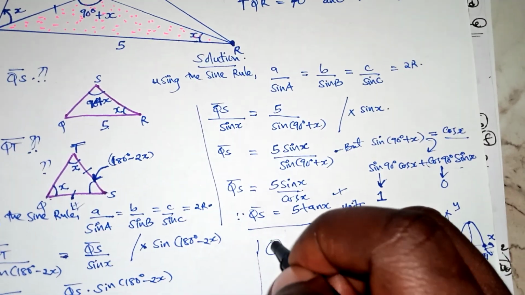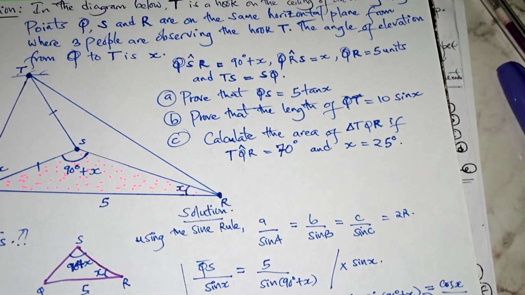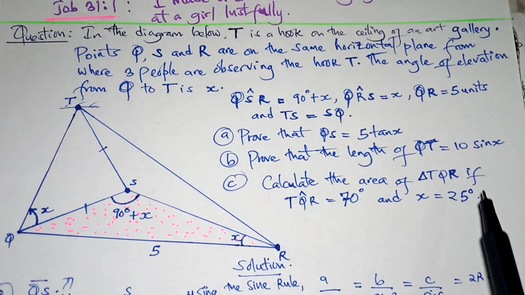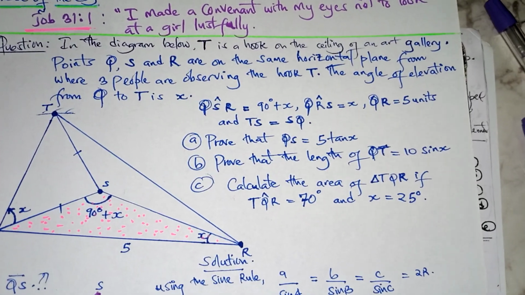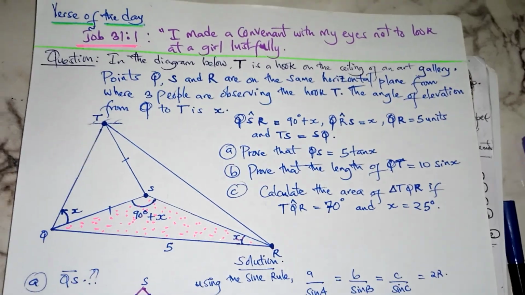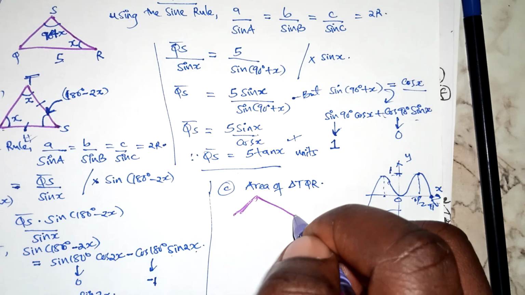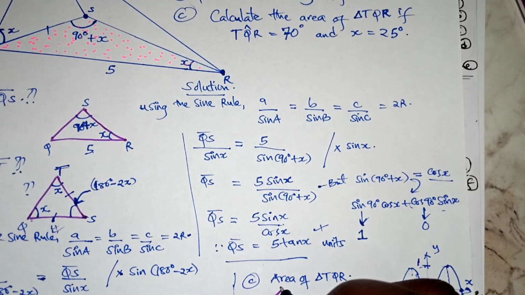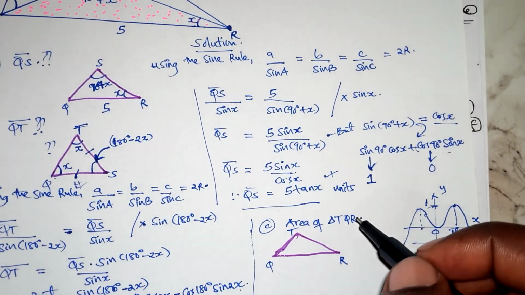Part C says to find the area of this triangle. Area of triangle TQR. We have the angle Q. Let's sketch. TQR. What do we have?